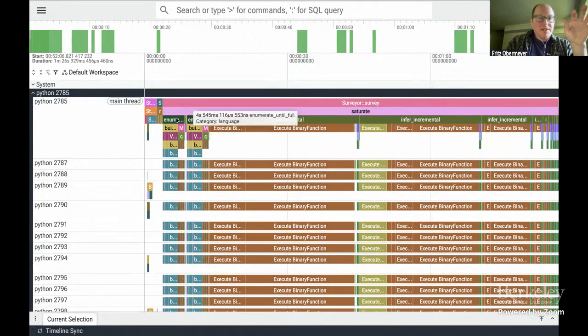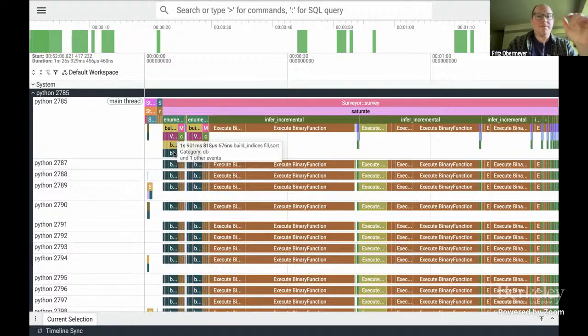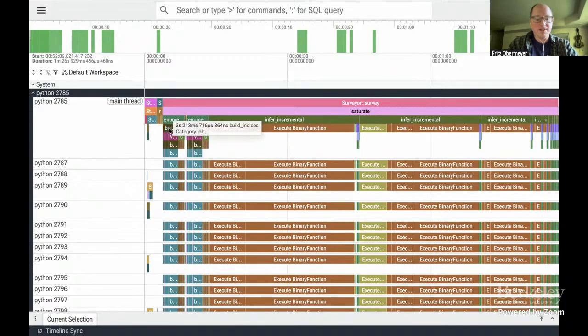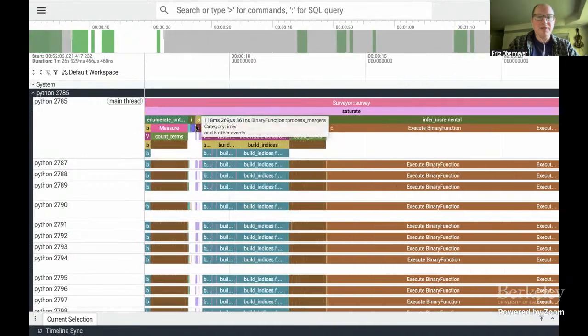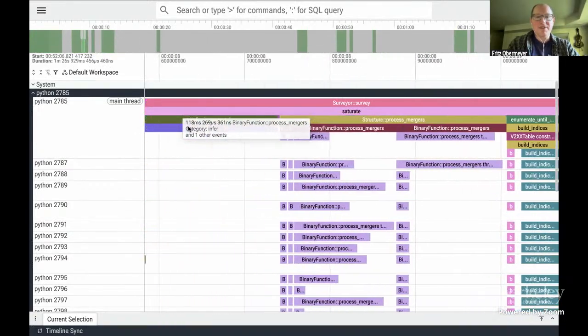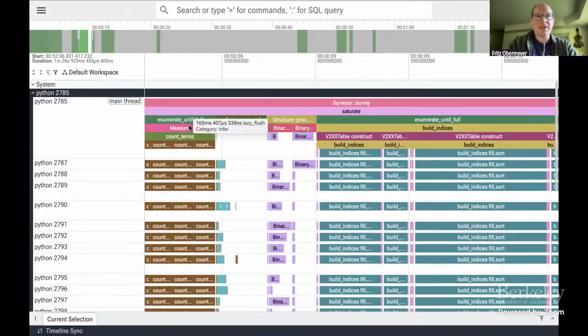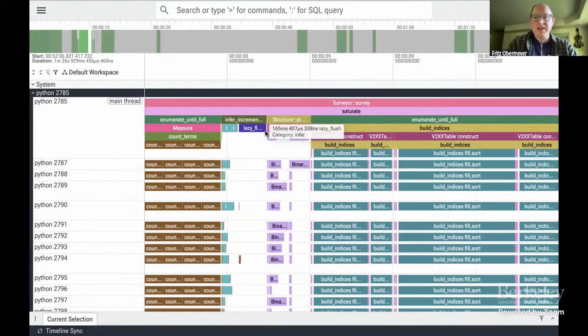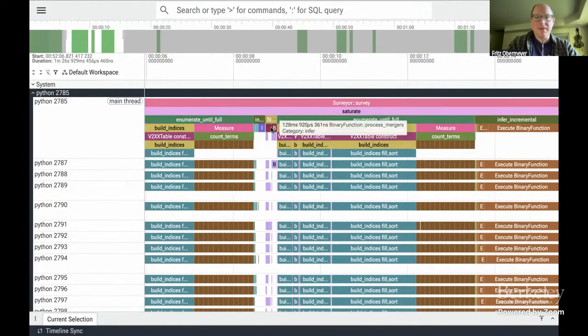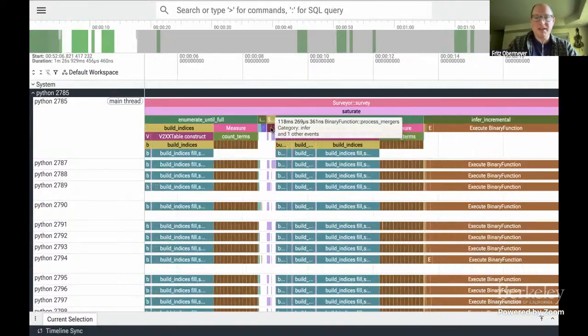The next thing to notice is the table building work here. It's non-trivial, and when the system starts, it has to build the tables once. You can see there's a tiny bit of inference work that happens here early on, and that triggers a merge, apparently.